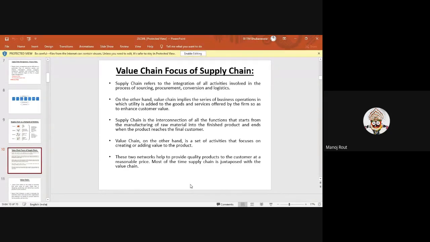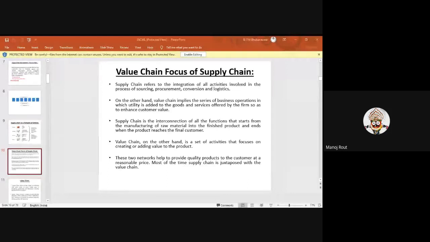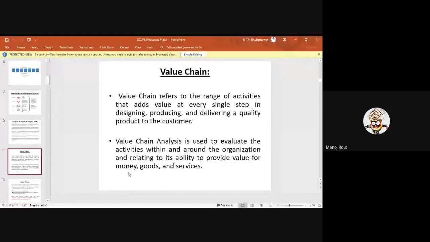Going to the last point, these two networks help to provide quality of product to the customer at a reasonable price, and most of the time supply chain is just posed with the value chain. Going to the next slide, try to understand what you mean by value chains.